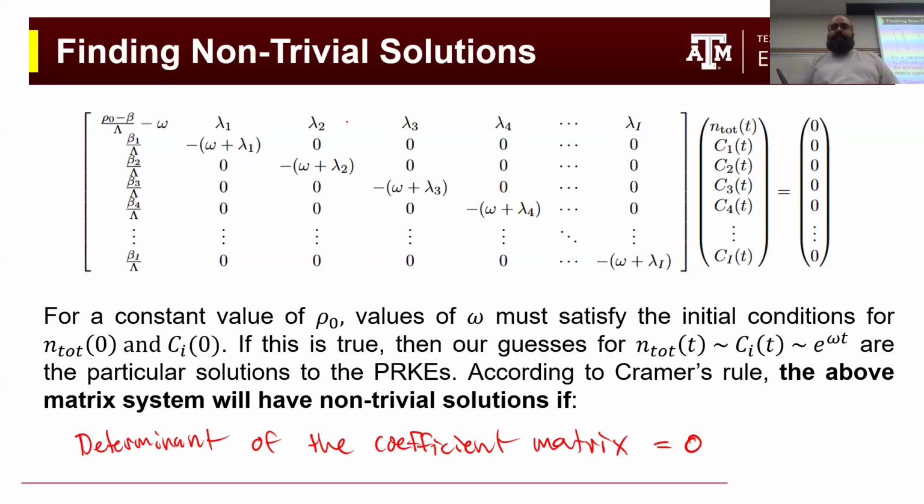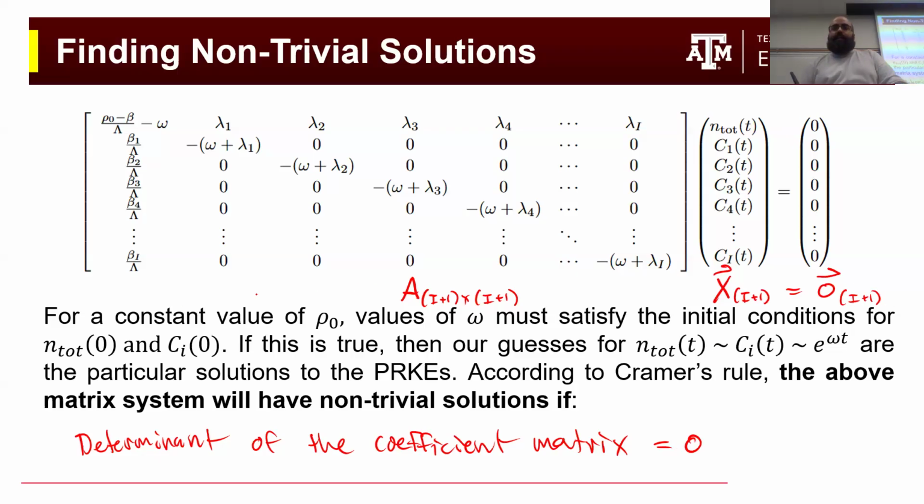And I guess what we're saying is that this thing right here is our coefficient matrix, which is of size I plus 1 by I plus 1. If I take this coefficient matrix and multiply by my solution vector, which I could just call x, an I plus 1 sized column vector, those two things being matrix multiplied together equal the zero vector, which also has I plus 1 elements.